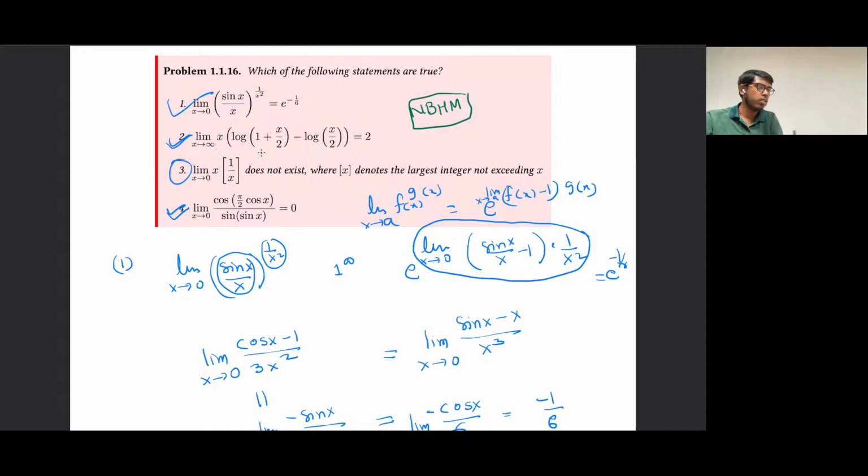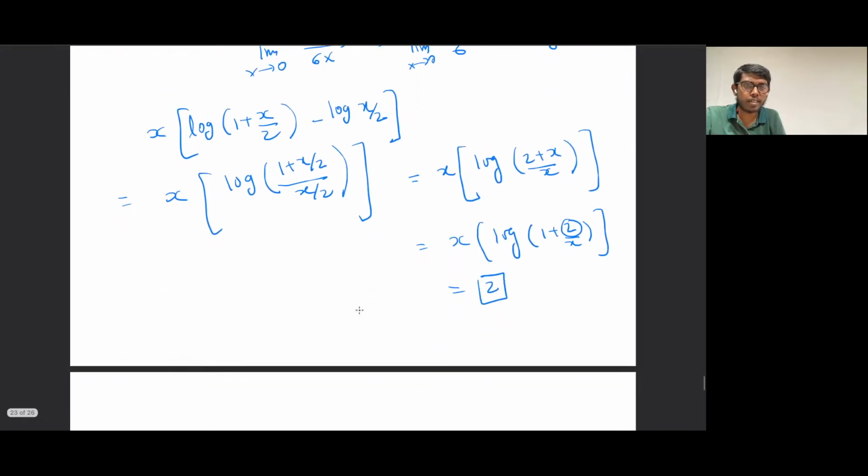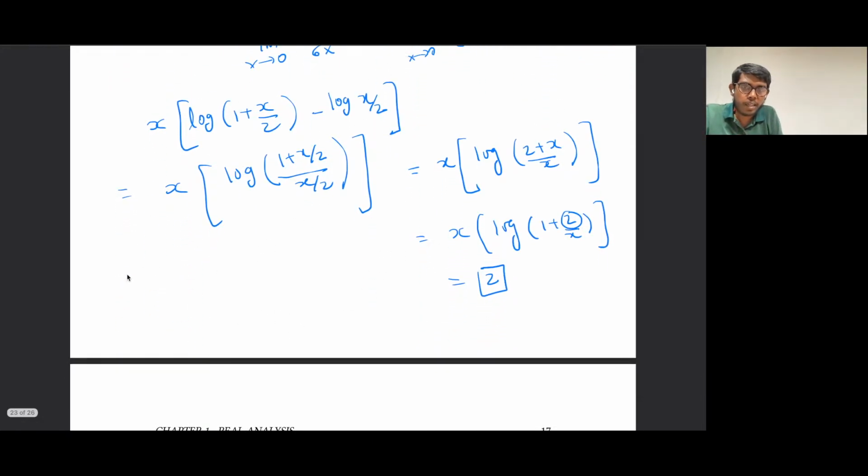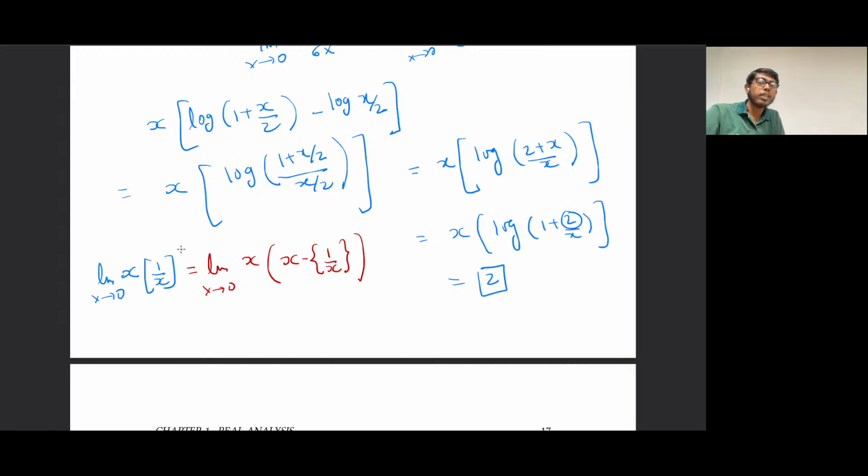Let's see the third one: x times the greatest integer function of 1/x, limit x tends to 0. What is this? As I told, we can write this as x times (1/x minus the fractional part of 1/x).